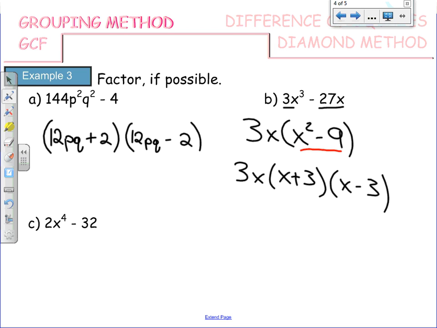You're left with x to the 4 minus 16. Now you have a difference of squares again, right? So what's the square root of this first term? The square root of x to the power 4 is what, Brady?